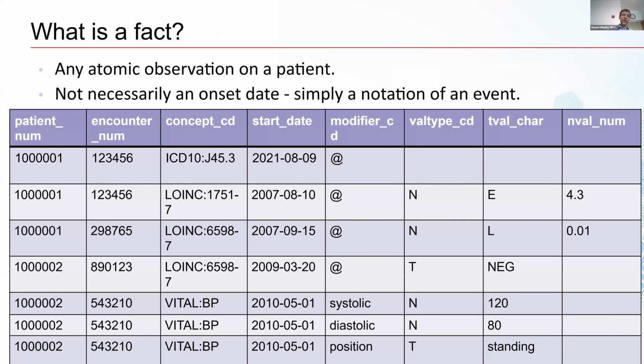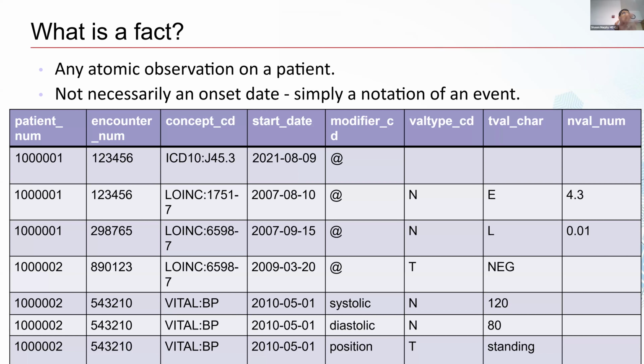This is an example of the data table, the fact table. So you can see the concept code is like a particular ICD code or a LOINC code, which is a laboratory value, or a vital sign. And then there are various columns for putting values associated with those.